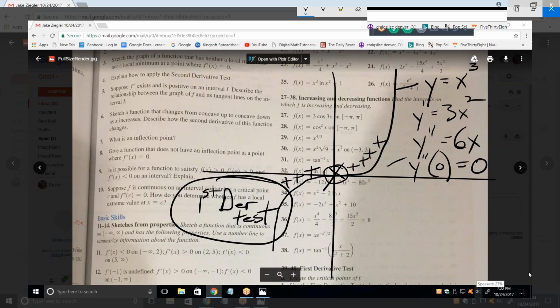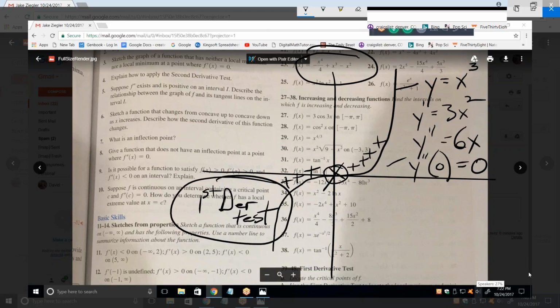It's a lot harder to use the first derivative test than the second derivative test, especially if it's a simple polynomial that's easy to differentiate. Like something like this. That's going to be super easy to differentiate. It's just a simple polynomial that I can use the power rule throughout, all three terms. And I'm only going to lose one value of exponent per derivative, so my second derivative is still going to be a quadratic.